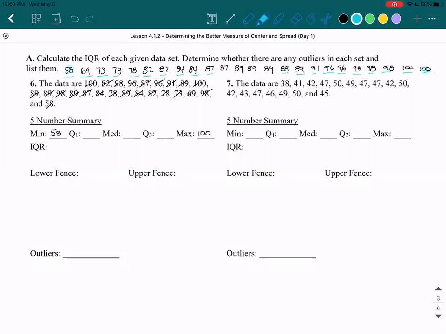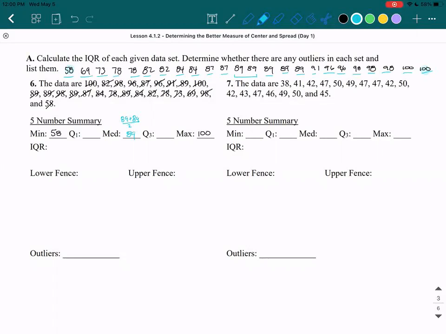Keep crossing and crossing. Okay, and then we have two numbers in the middle. And so we have 89 plus 89 divided by 2 equals 89 as your median.